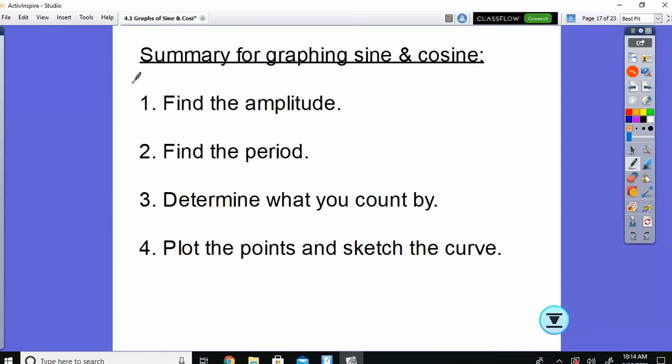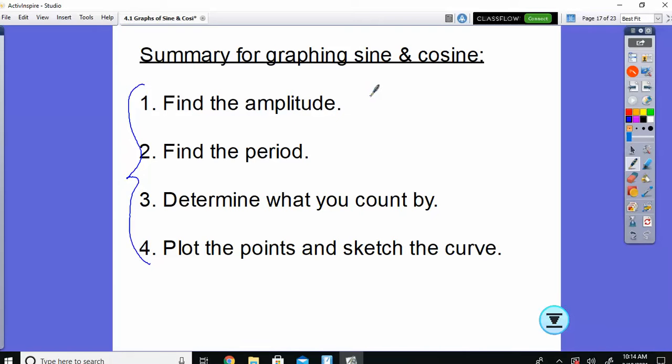So here are the 4 steps for graphing our trig functions. And the rest of the day today, we're just going to practice these graphs. I am going to make you write down every time 3 things: amplitude, period, and count by.